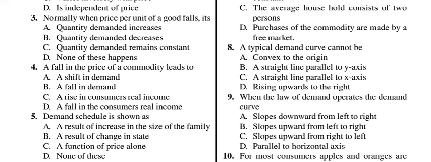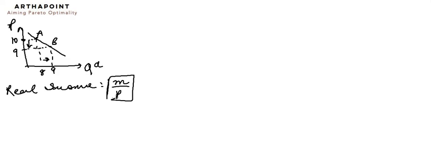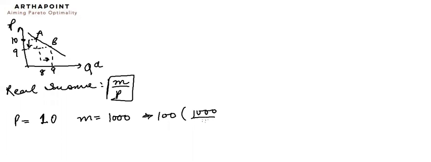A rise in consumers' real income, yes, that can be the case, because real income of the consumer is M by P, which is income divided by prices. So when the price of the commodity decreases, for example, let's say the price is 10 rupees, your income is 1000, then your real income is 100 units, which is nothing but 1000 by 10.